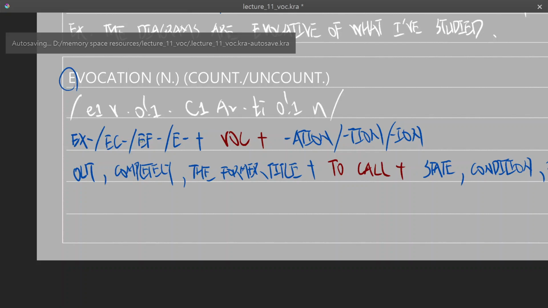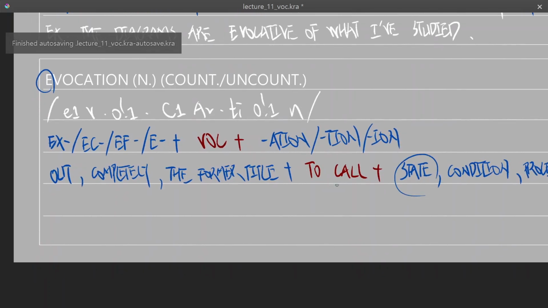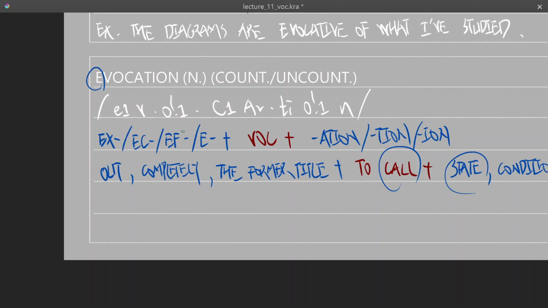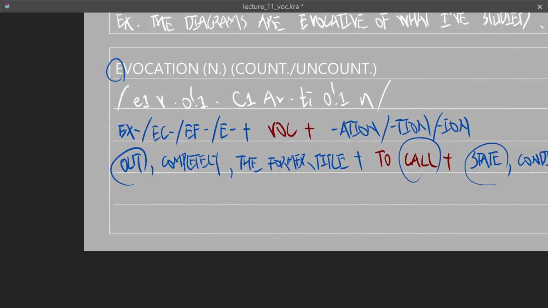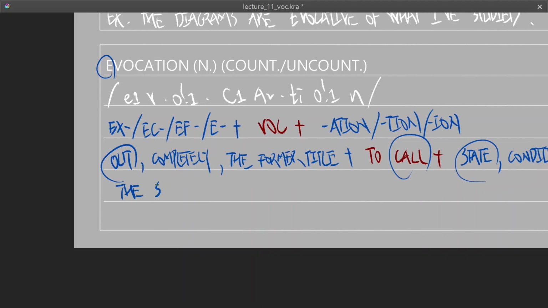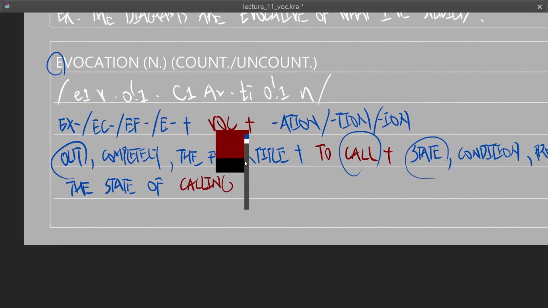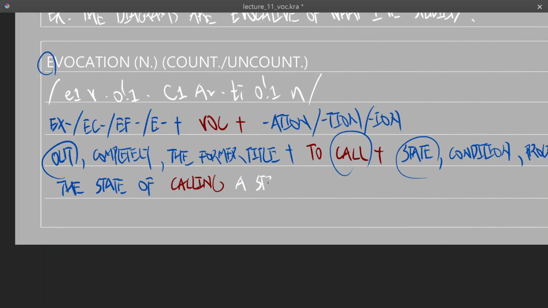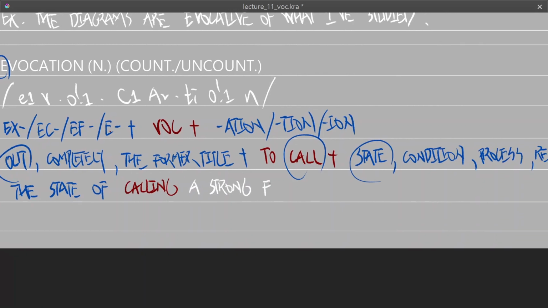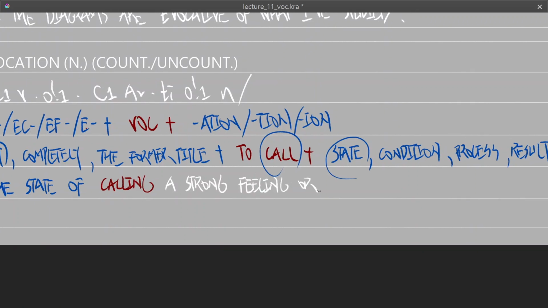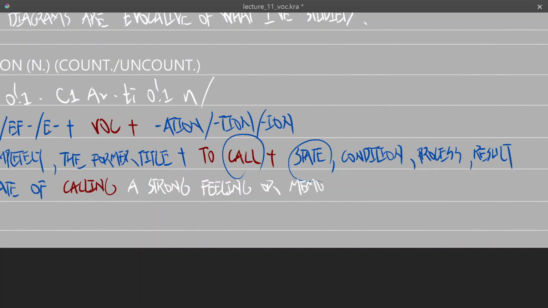So evocation literally means the state of calling a strong feeling or memory out.